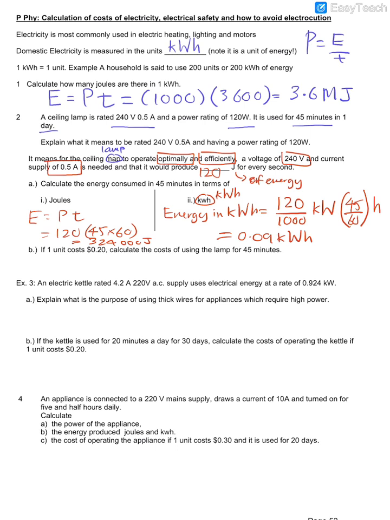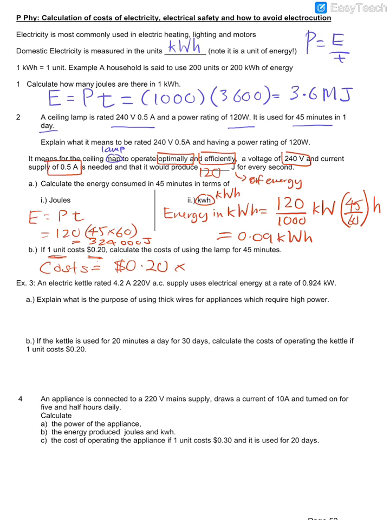So now you're told this: if 1 unit costs 20 cents. 1 unit means what? 1 unit means 1 kilowatt hour, costing 20 cents. Calculate the cost of using the lamp for 45 minutes. So if you only turn it on for 45 minutes, what is the cost? The cost is simply what times what? I think you're all sure, no problem. Take 20 cents times 0.09.